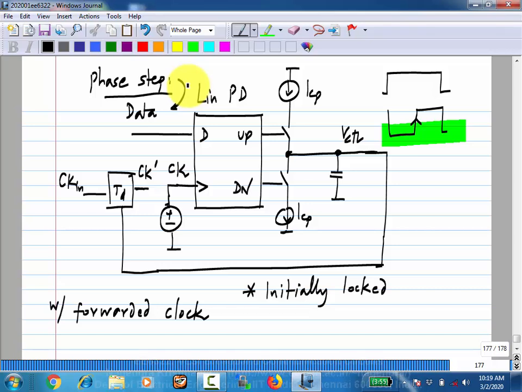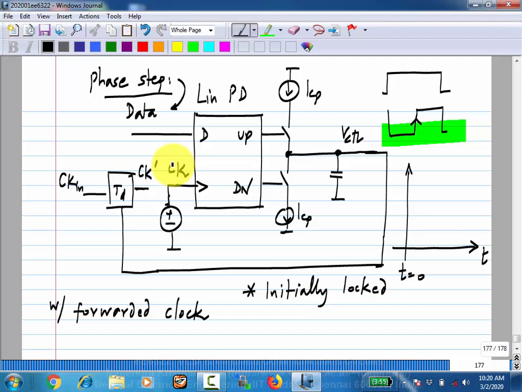So what do you think will happen to this phase of this clock prime? So at some point, let's say, that's my definition of t equal to 0, I introduce a step in the phase of the data. What will happen to phase of clock prime?